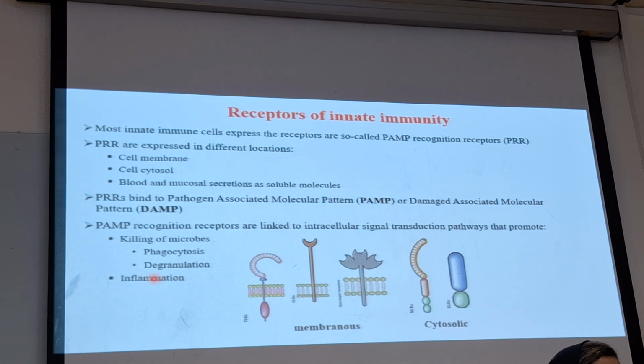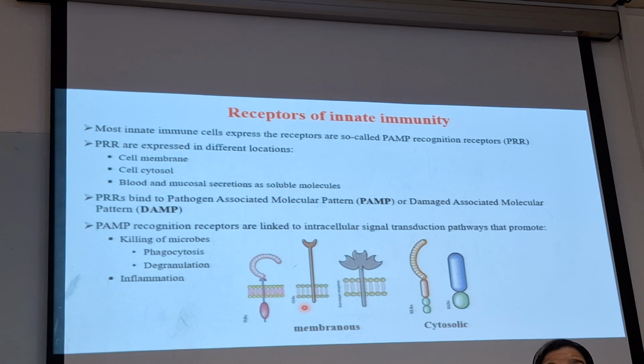And I told you we have different types of PRR. Some of them are TLR, or toll-like receptors. Some of them are CLR, or C-type lectin receptors. Some of them are scavenger receptors. Some of them are cytosolic in terms of their location, and they are called NOD-like receptors, or NLR, and RIG-like receptors, or RLR.